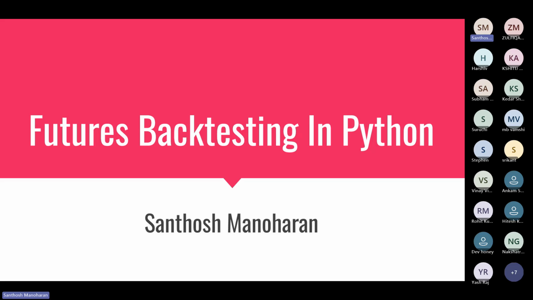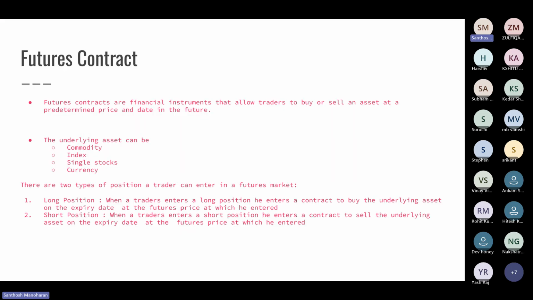Before moving on to the backtesting part, I'll give a brief refresher on futures. Futures are a financial instrument that allow a trader to buy or sell an asset at a predetermined date in the future at a predetermined price. The underlying asset can be a commodity, index, single stock, or a currency.